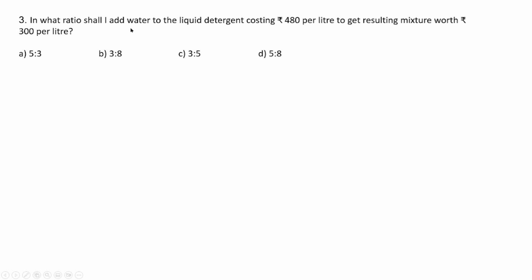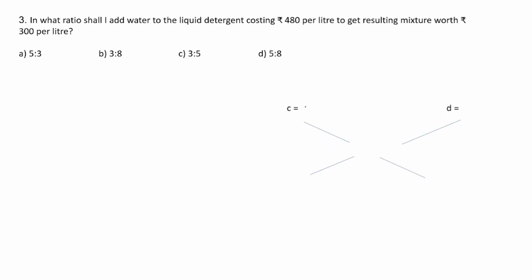So here we can see that the cheaper quantity is water, which comes at 0 cost, and the dearer quantity is the detergent, which is costing rupees 480 per liter. We need to find the ratio in which we have to add these two so that we get a mixture worth rupees 300 per liter.